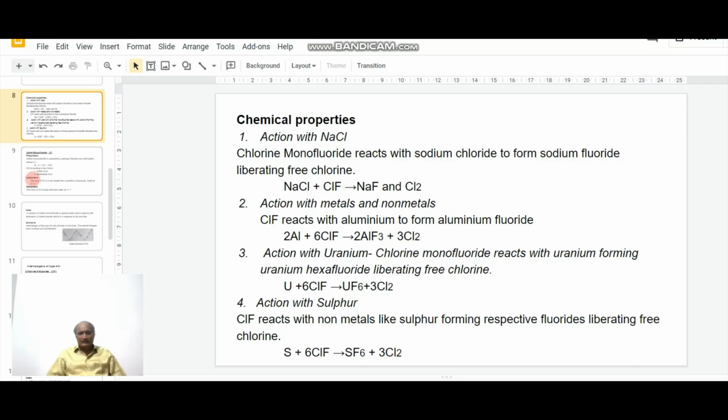In all the chemical properties, when we treat chlorine monofluoride with metals or salt or with non-metals, in all the cases free chlorine is liberated.